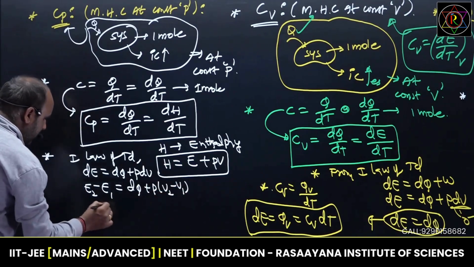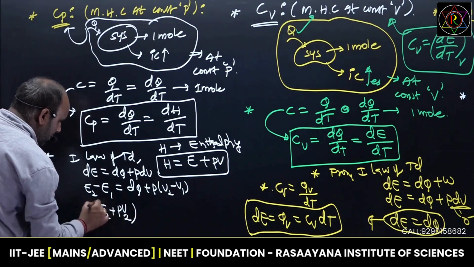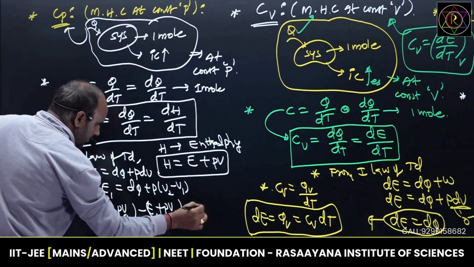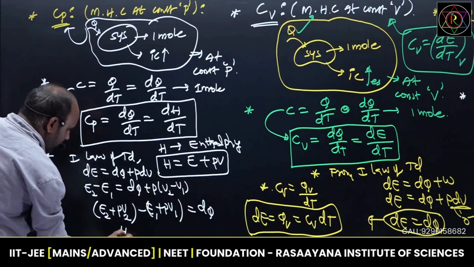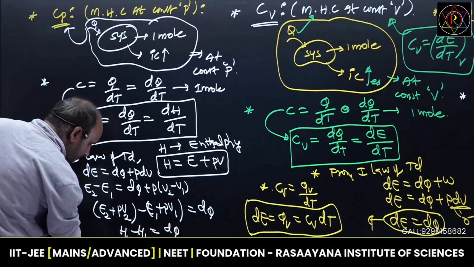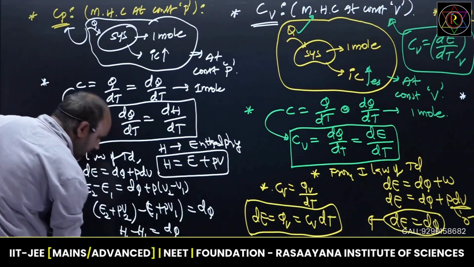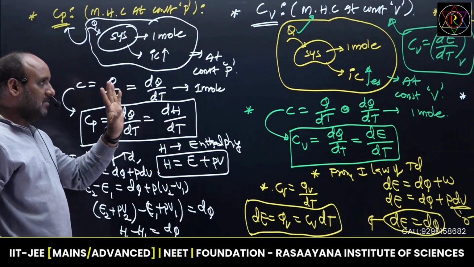By interchanging this, we will get E2 plus PV2 minus E1 plus PV1 is equal to dQ. E plus PV is denoted with H, therefore H2 minus H1 is equal to dQ. Therefore dH is equal to dQ. Means the heat energy is equal to the change in enthalpy of the system.